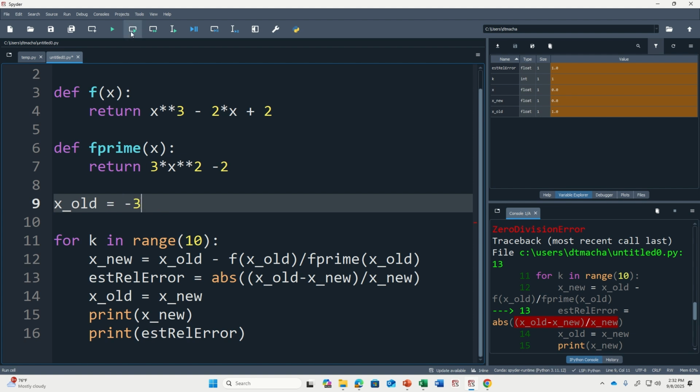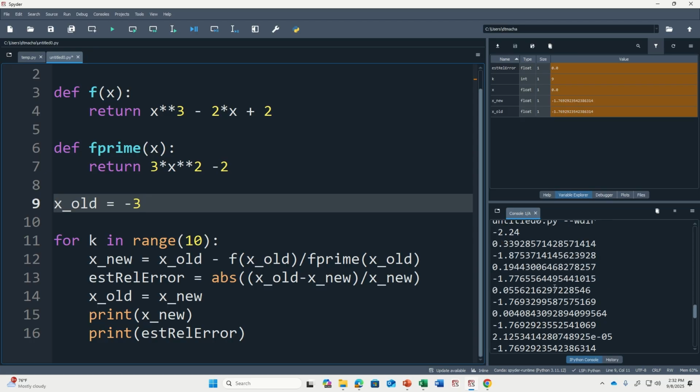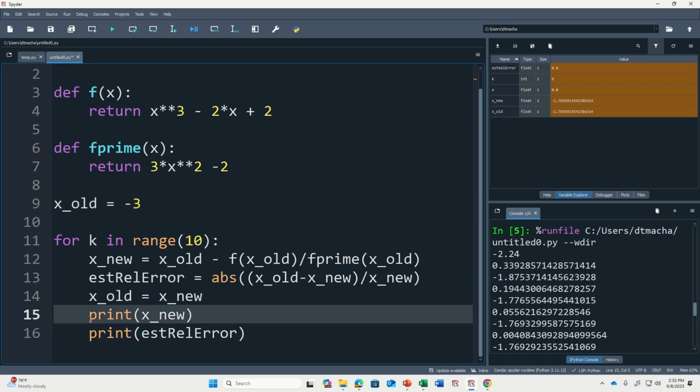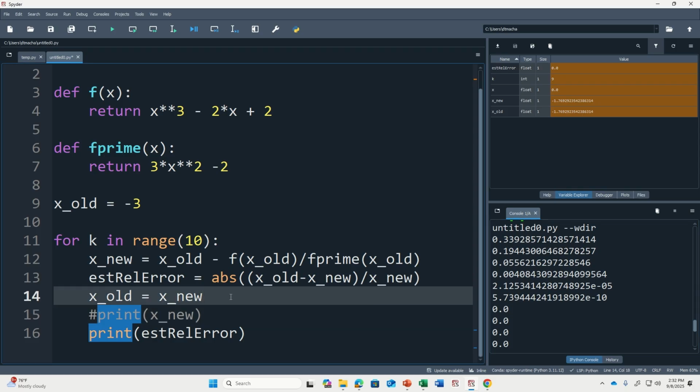Let's start at negative 3 and try again. Okay, so let me stop printing that too. So you can see my estimated relative error is shrinking every time, which is good. It's a good sign you're converging.